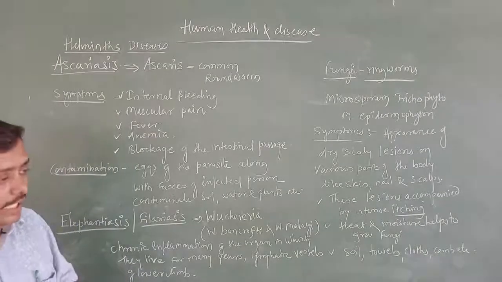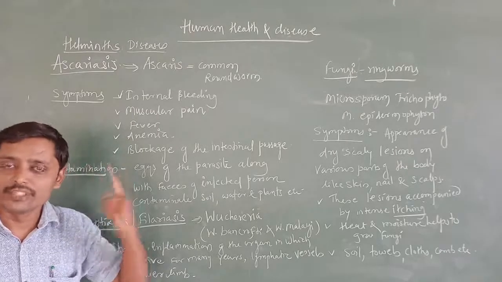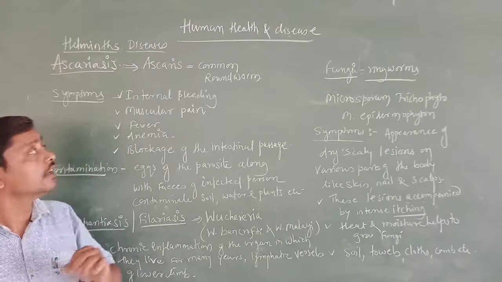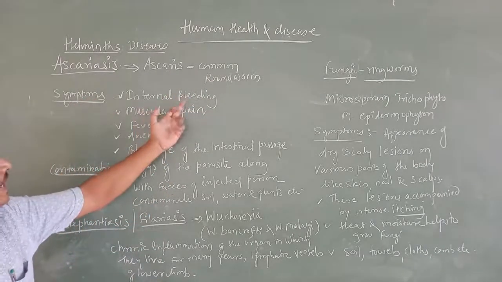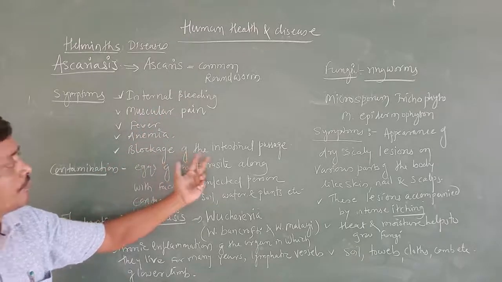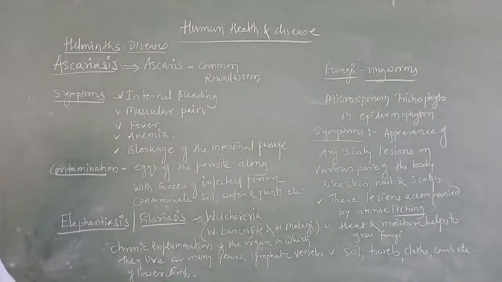So this particular disease, ascariasis, is a helminth disease which is caused by Ascaris. Common name is what? Common roundworm. These are the symptoms: internal bleeding, muscular pain, fever, anemia, blockage of the intestinal passage. And how is it going to transmit?